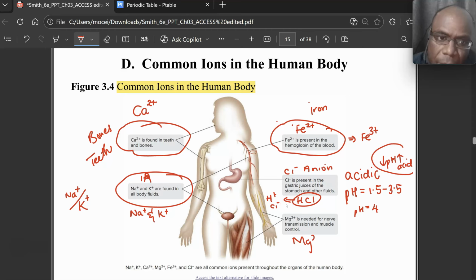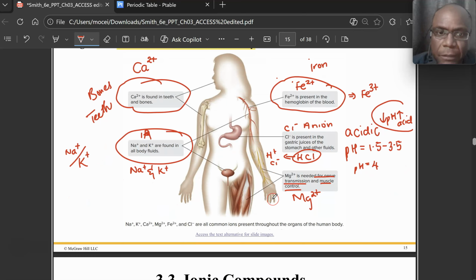For magnesium ions, it's needed for nerve transmission and muscle control. We usually call these cofactors that help biological events to happen.